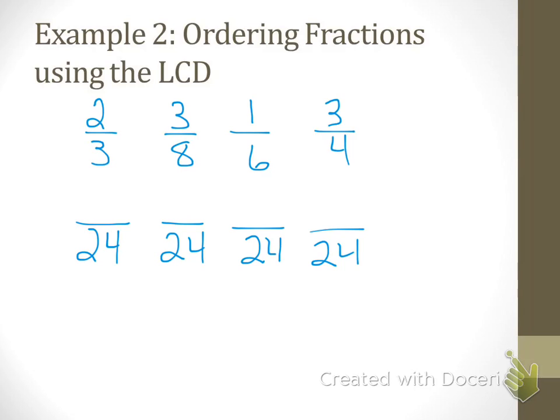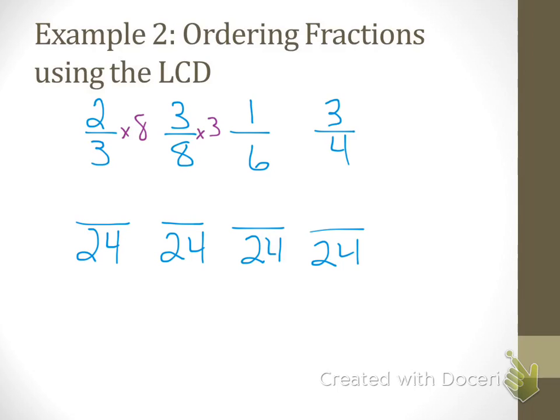Okay, so now how do I figure out what my numerators are going to be? Peyton? You would see, for 2/3, how many times 3 goes into 24. Very good. Which is how many? 8, and 8 times 2. Okay, perfect. So on my second fraction, what am I going to multiply by? Class? 3.